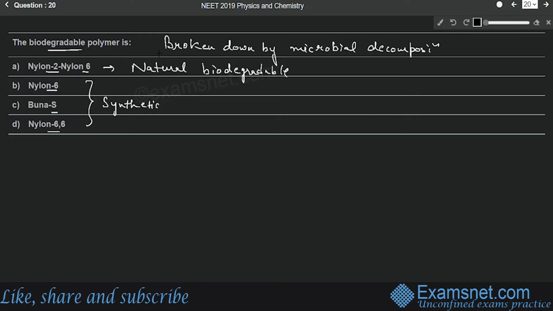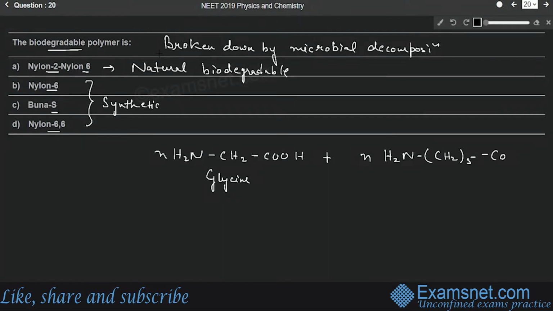Now let's have a look at the structure of nylon 2, nylon 6. We know that the monomers are glycine and aminocaproic acid. So glycine is NH2, CH2 and COOH. Okay, this is glycine. That means it is an amino acid. Plus another monomer is NH2, then 5 CH2, then carboxyl group.